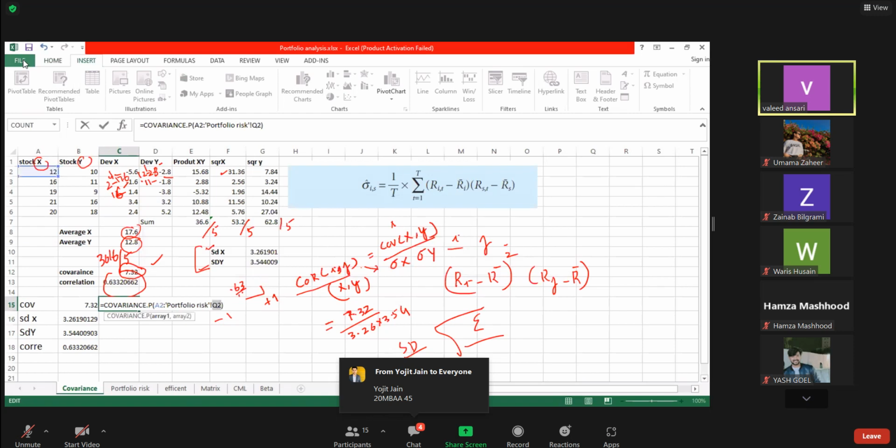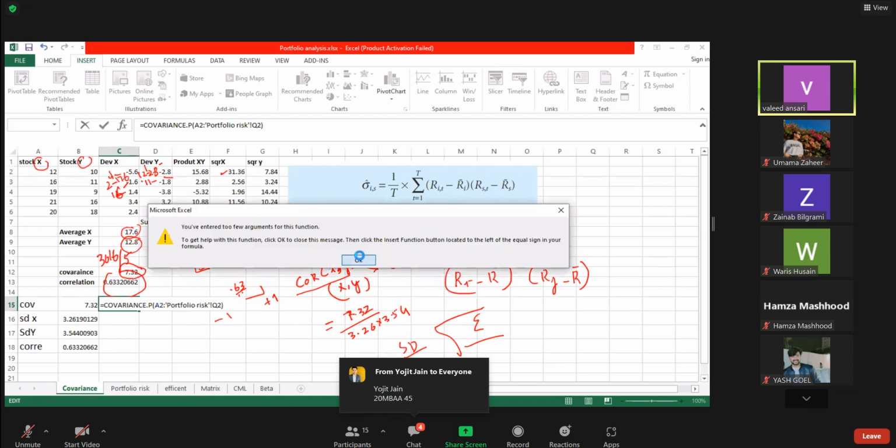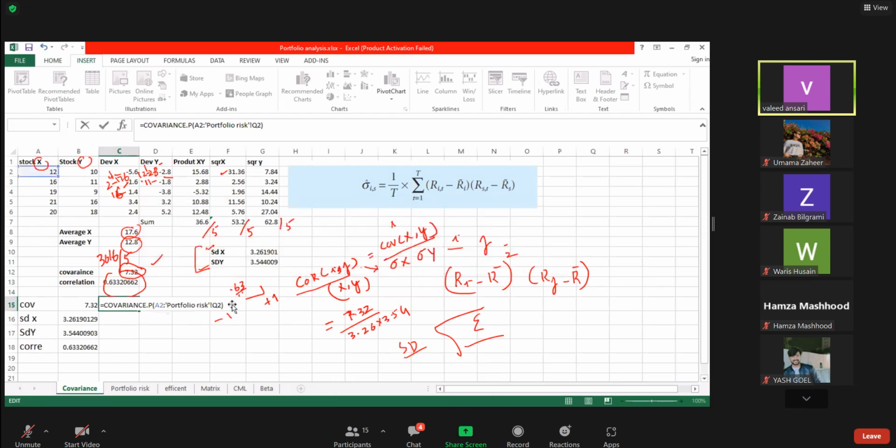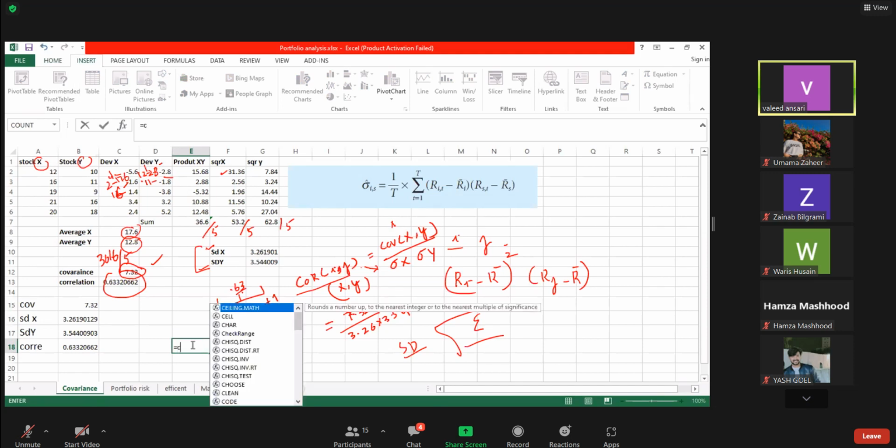What is the issue? Let me try once again, sometimes covariance.